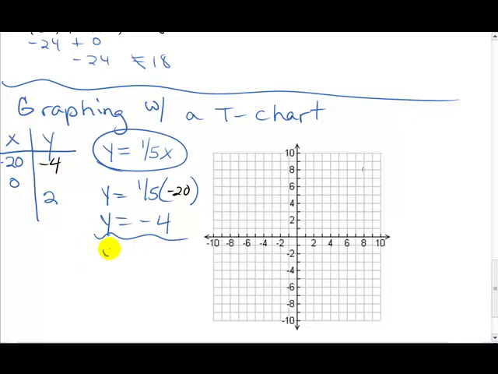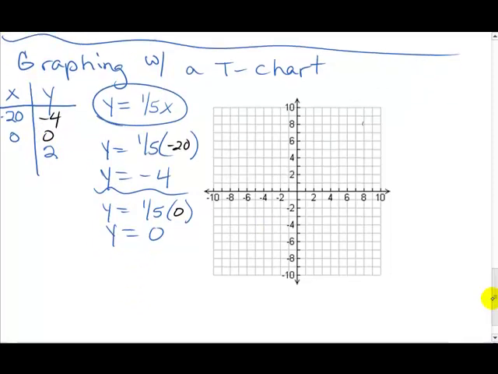Then we're going to do y equals 1/5 times, this time x is 0. So y equals 0. And then we're going to do it one more time, but this time we have to replace it with the y number.